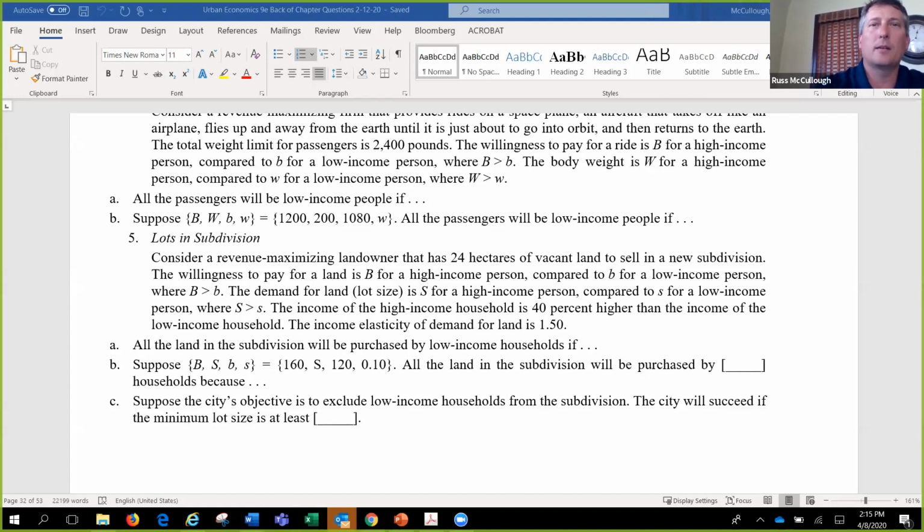The income of the high income household is 40% higher. So we've got 1.5, income of 40. What does that number need to be here? It needs to be the 60.